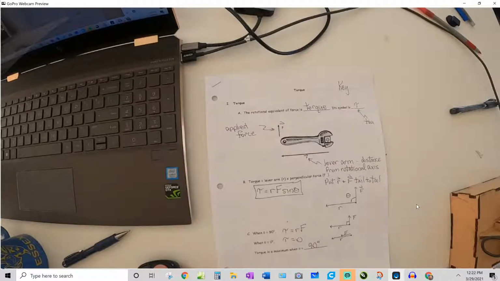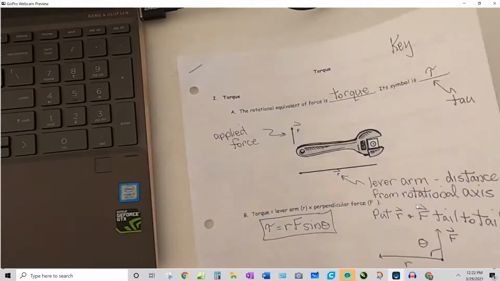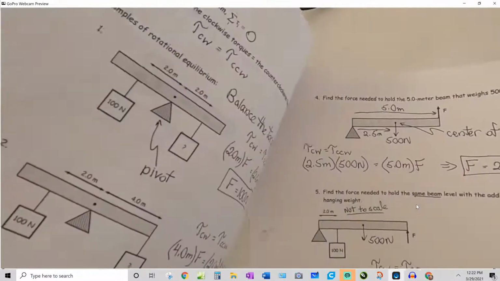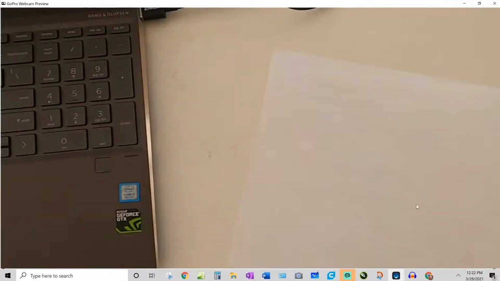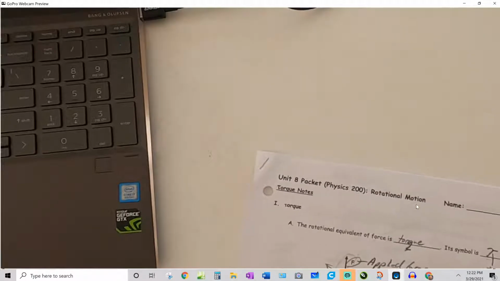I think that's going to fix it. Yeah, there we go. Okay. Oh, you know what? These are not the actual answers. Those are just the notes.